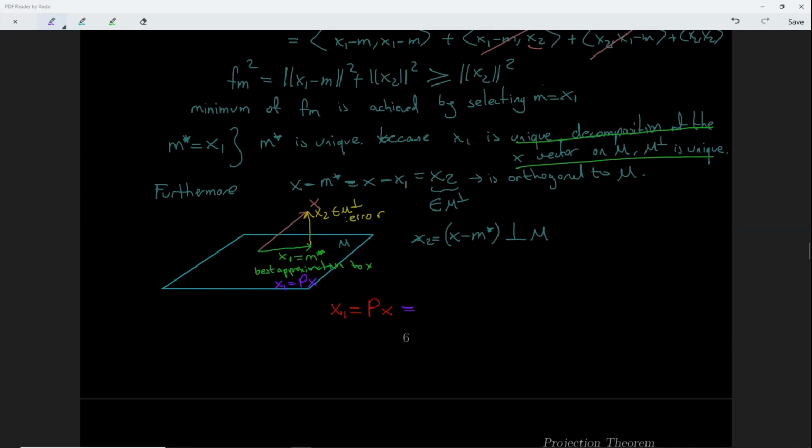So that is also equal to P squared x, which is P times Px. Since Px is already in M, the projection of that vector onto subspace M will be the vector itself, right?